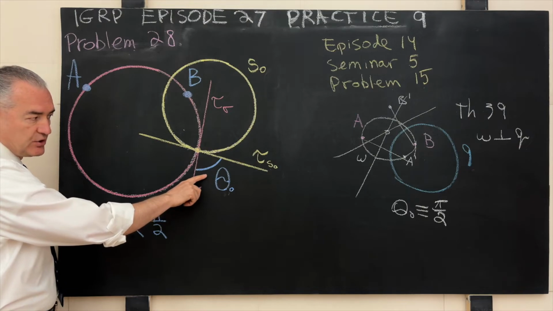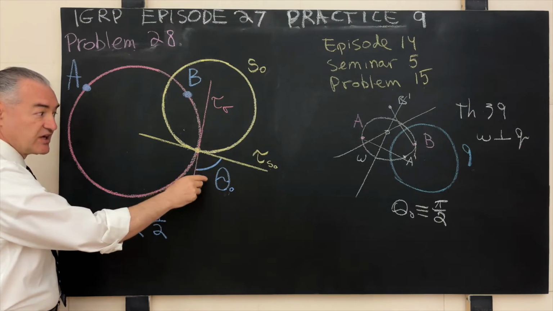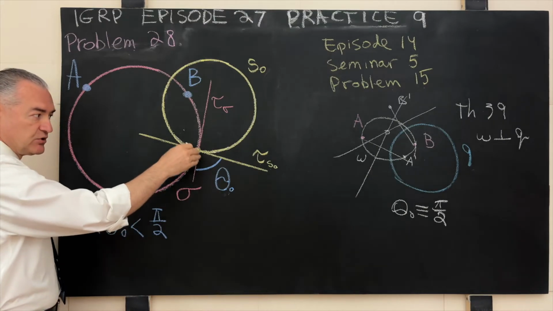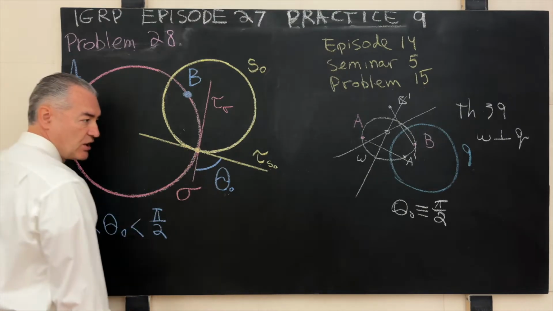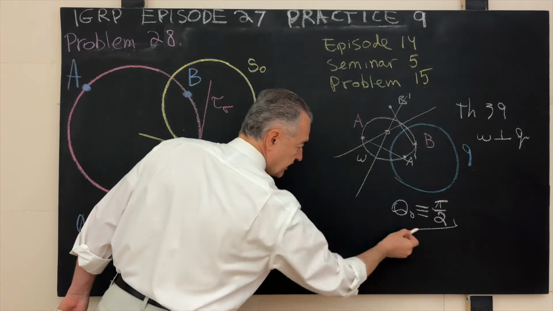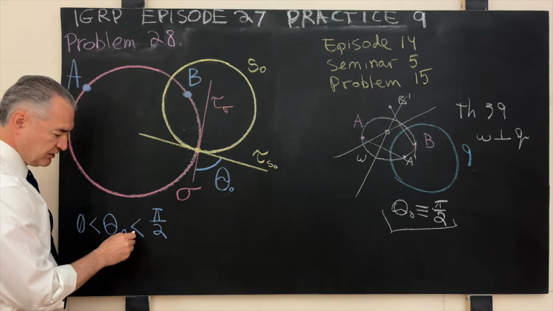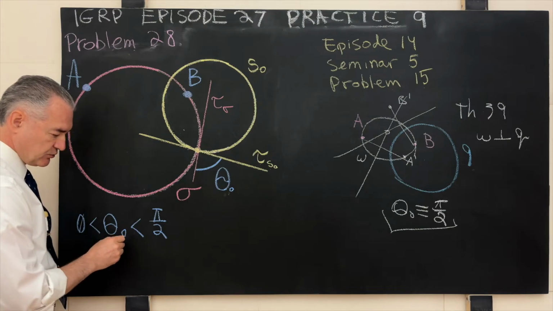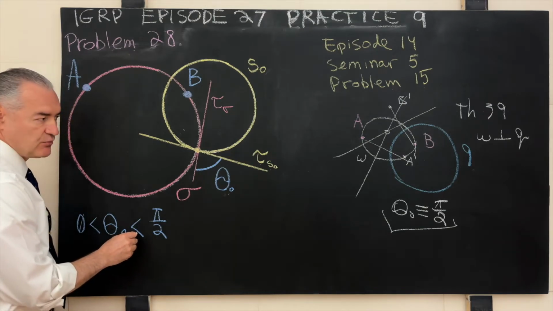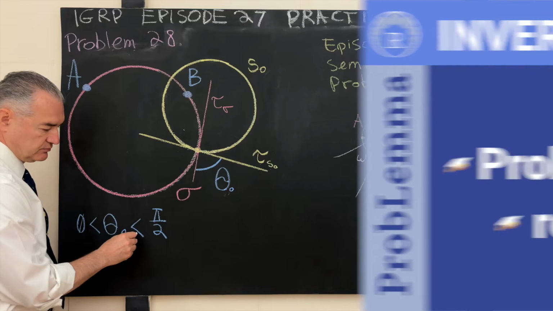Again, this goes back to the definition of the angle between two intersecting curves as the smallest angle between the two corresponding tangents. We took care of the case when the angle theta 0 is equal to pi over 2. So here the magnitude of the angle theta 0 is strictly smaller than pi over 2.